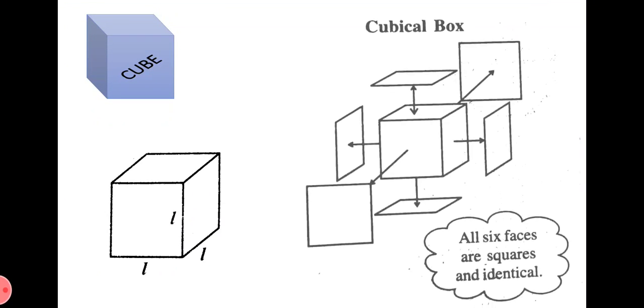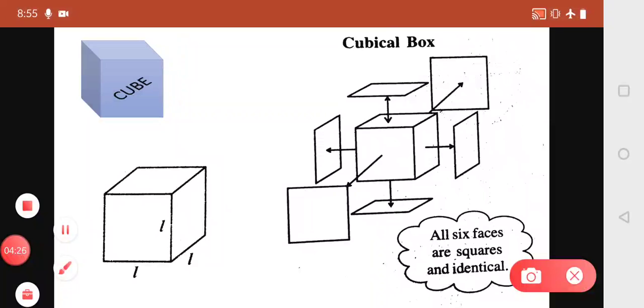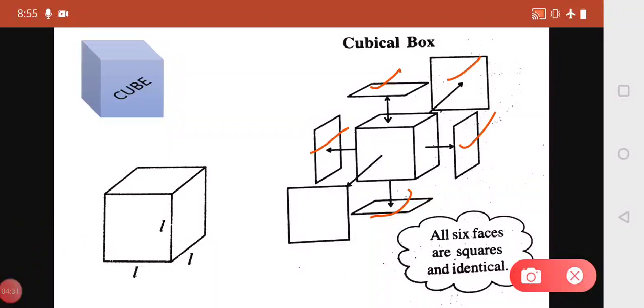If we open a cubical box, all 6 faces are squares and identical. You can see the top and bottom, these 2 and these 2. All the 6 faces are squares and they are identical.